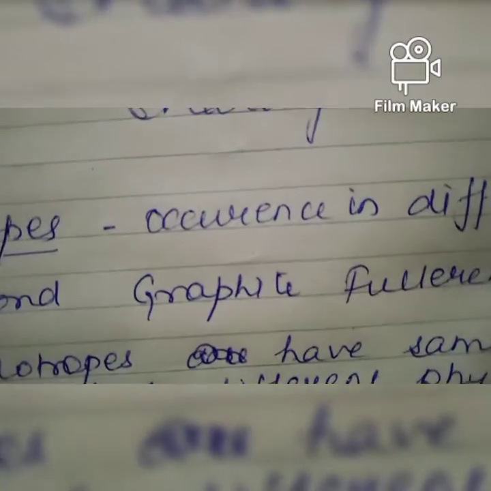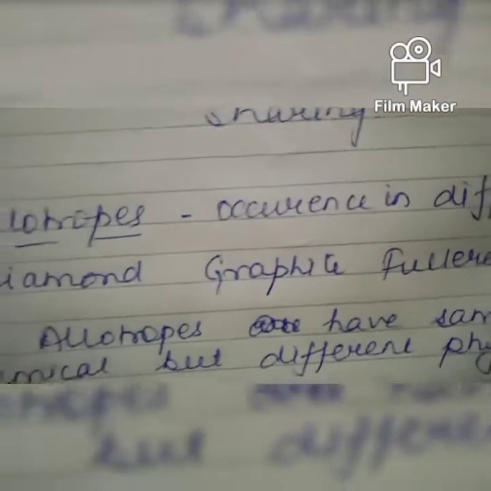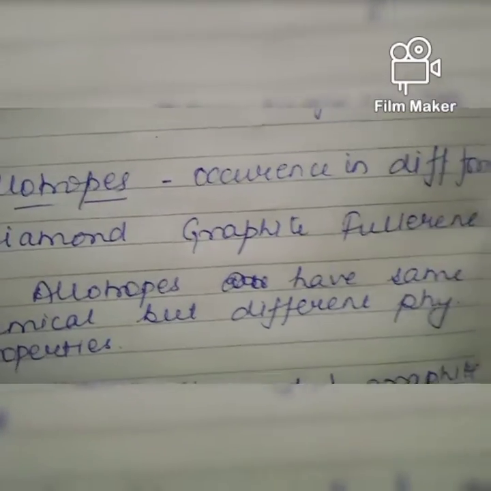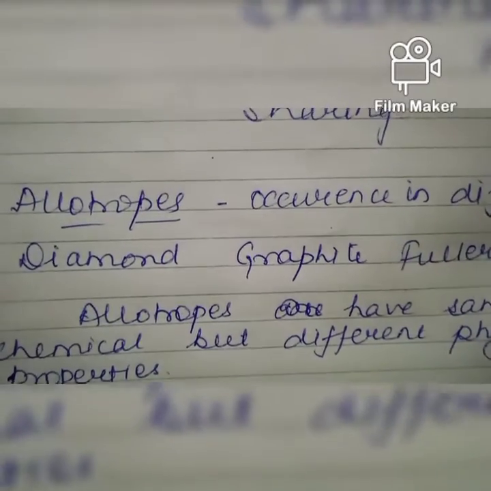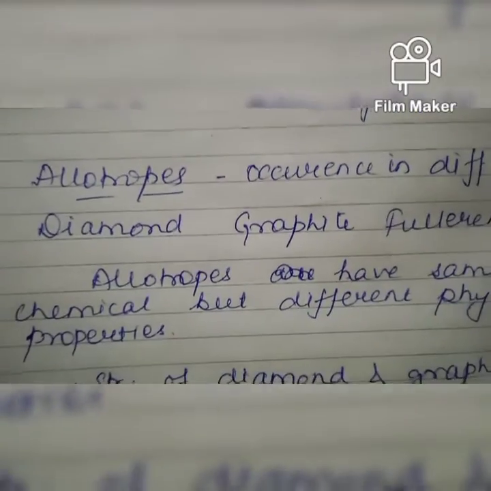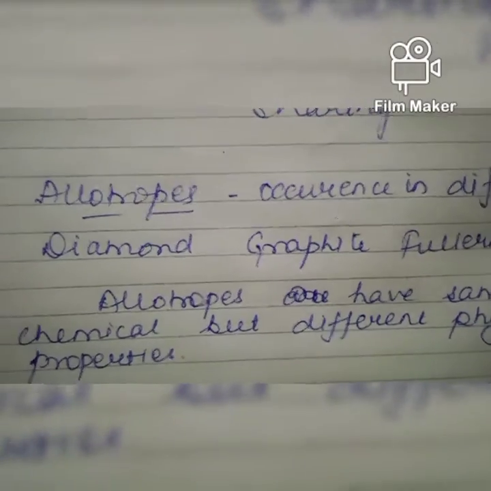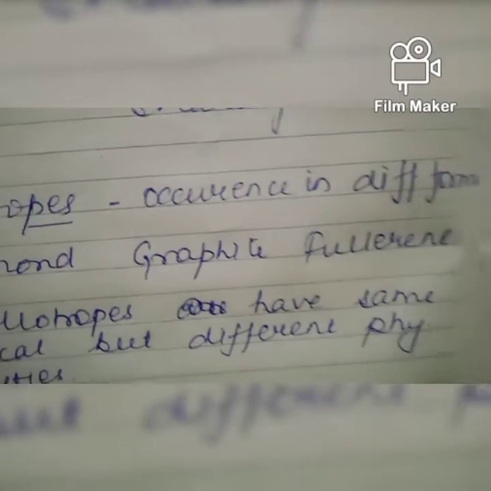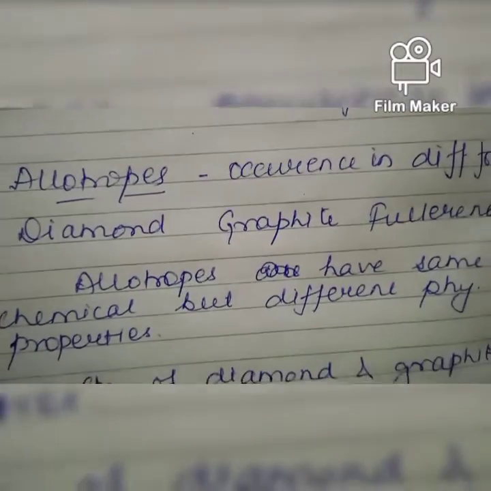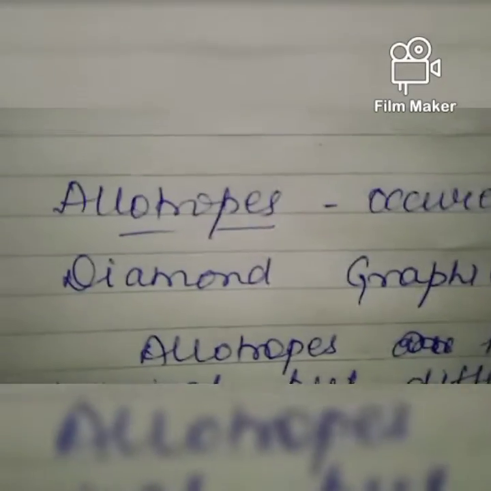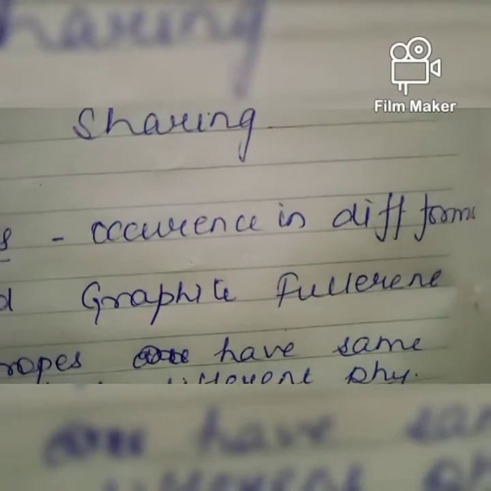They will behave in the same way chemically, but they differ by looks and other physical properties. Physical properties means their melting point, boiling point, conductivity, shine, their nature, behavior, all these things will differ in graphite, in diamond, and in fullerene.